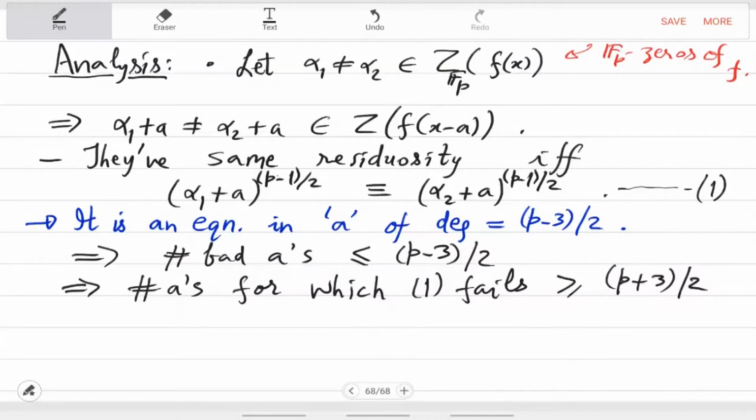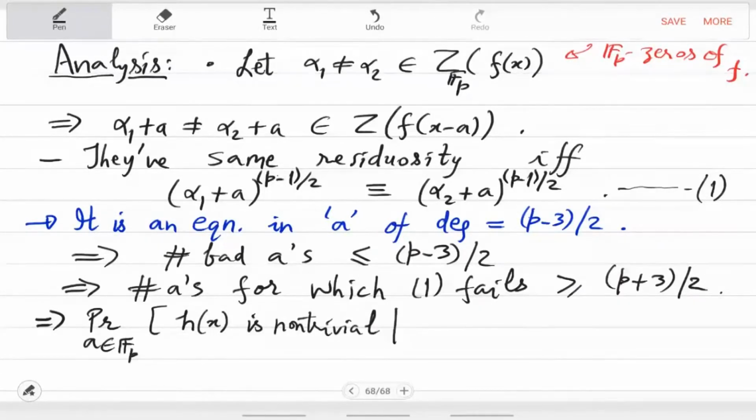That density of good A's is half. So, what you deduce is that the probability over A in F_p that the H_x that you are outputting is non-trivial given that F factors.